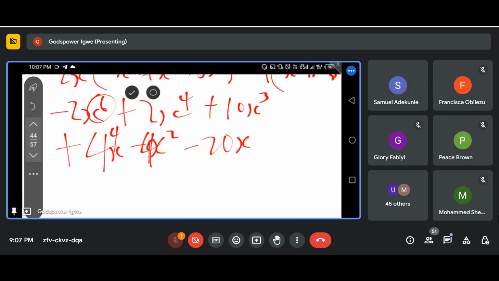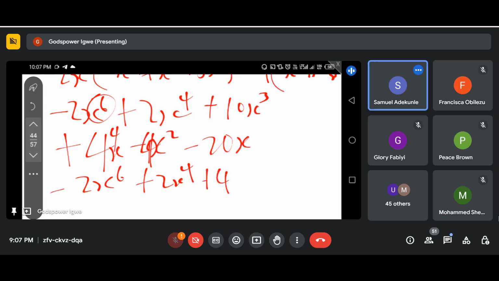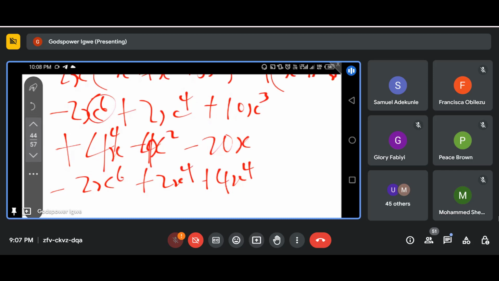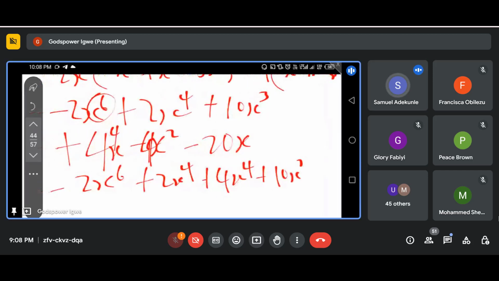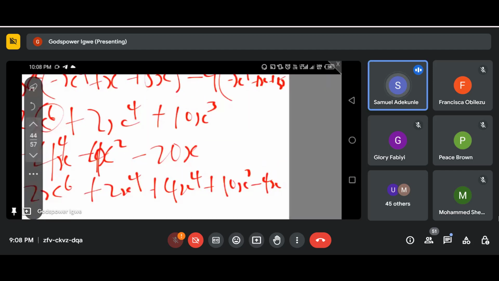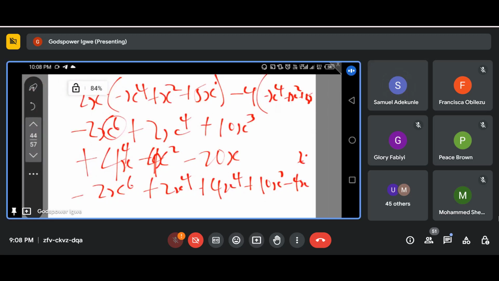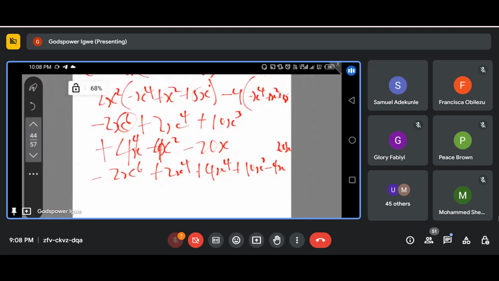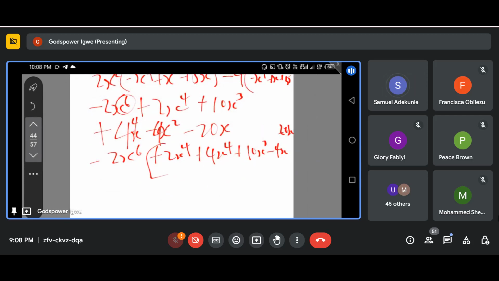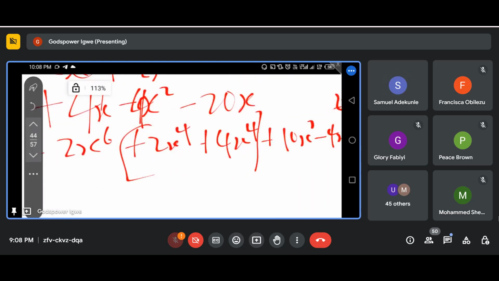So we bring it down here: minus 2x raised to power 6, plus 2x raised to power 4, plus 4x raised to power 4, plus 10x cubed, minus 4x squared, minus 20x. So if we do this very well, this has to go.